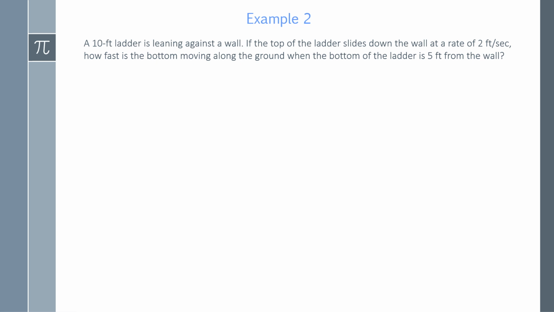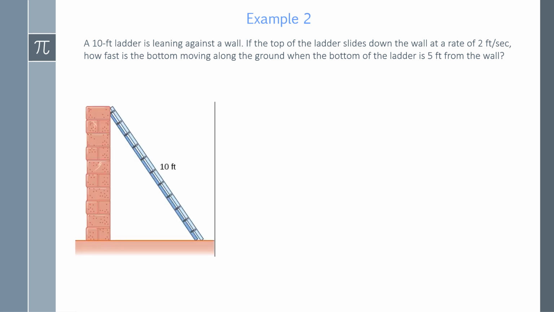We have a 10-foot ladder that's leaning against a wall. If the top of the ladder slides down the wall at a rate of 2 feet per second, how fast is the bottom moving along the ground when the bottom of the ladder is 5 feet from the wall? Okay, so we have the following graphical representation.